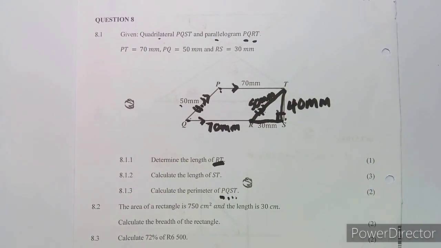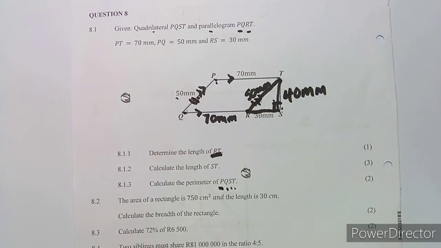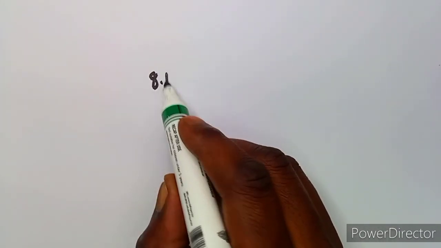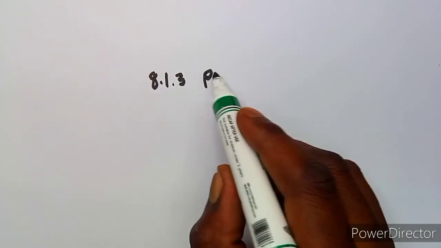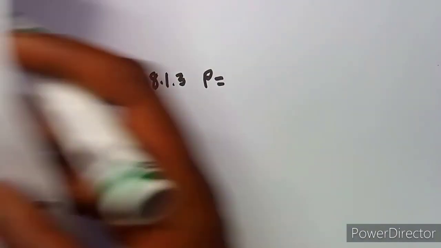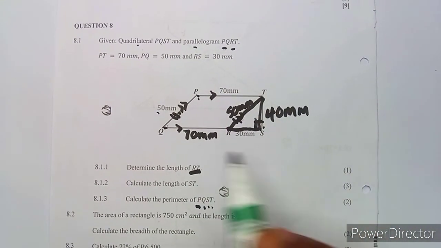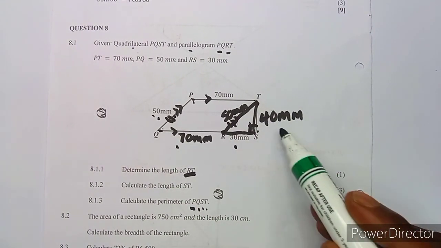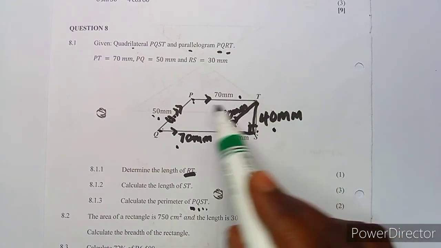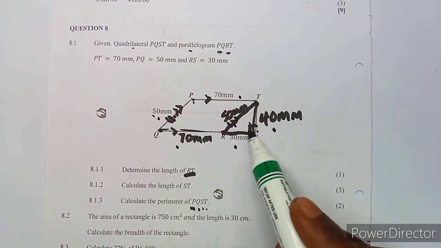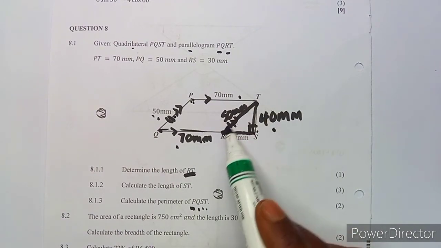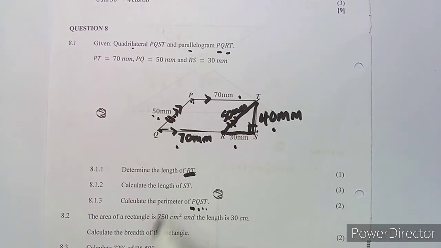Remember that perimeter is the distance right around the shape. So we are going to have this on 8.13, which is the perimeter. You add everything around this shape. Remember, it's P, Q, S, T. You are not going inside, it's around the figure.